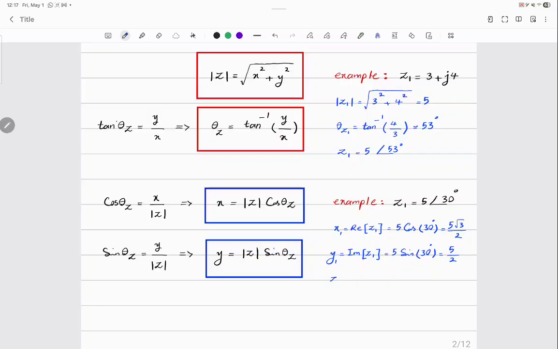So your number z1 is equal to x1 plus j y1, and it's equal to 5 root 3 over 2 plus j 5 over 2. Okay?